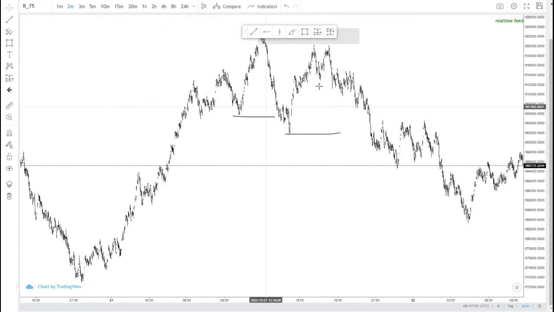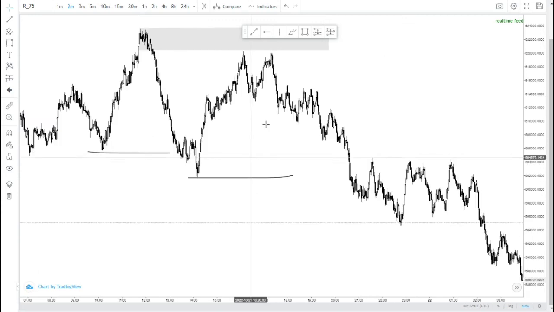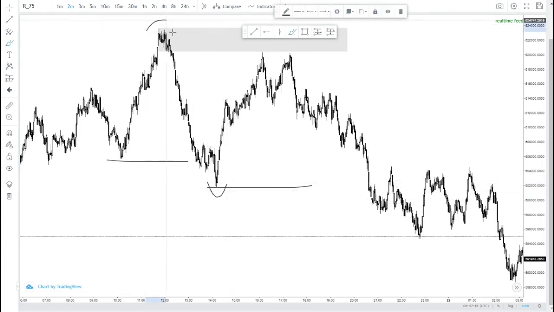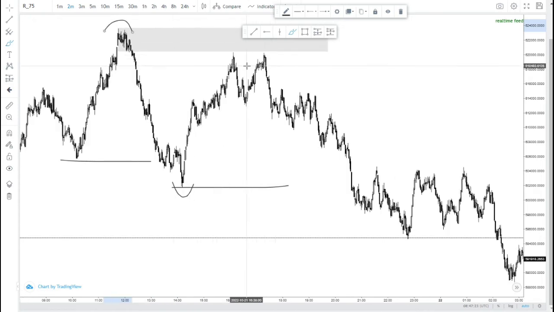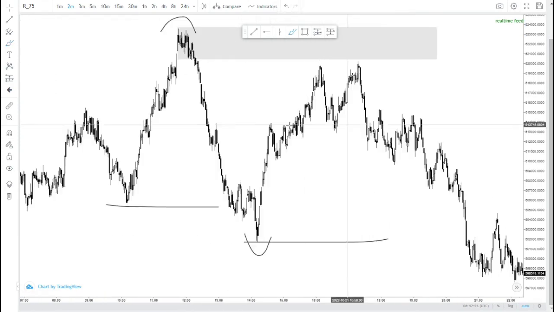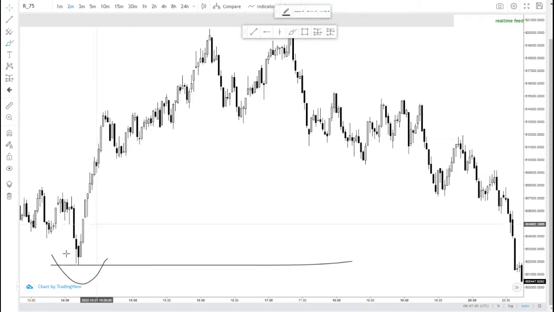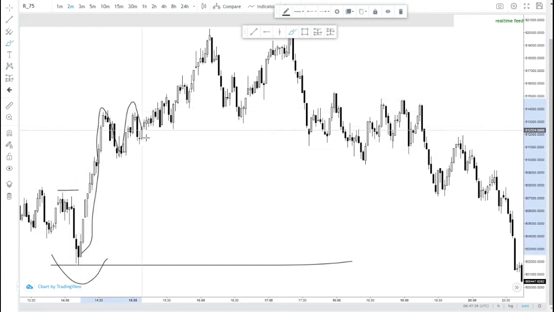Okay, so lo and behold, what do we have? We have price, as I showed you, breaking lower, forming this low here from this high here, and price now goes back to this area. It doesn't actually tap it, but as you can see, it leaves some pretty clear price action here. So from this break, we were in an intermediary uptrend, forming a series of higher highs and higher lows up until this break here.